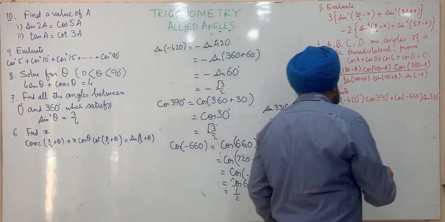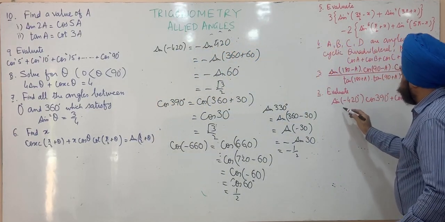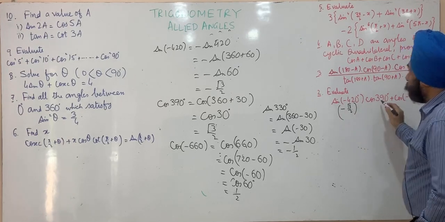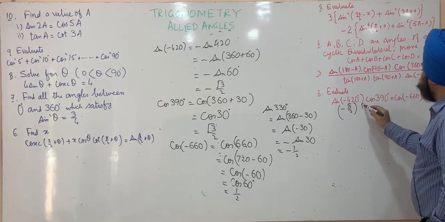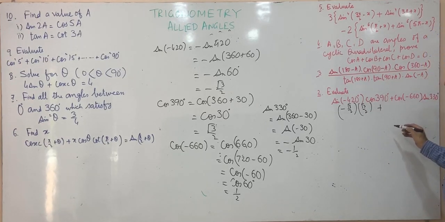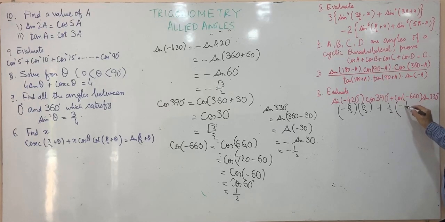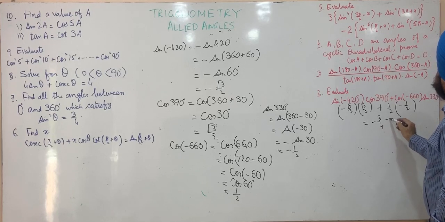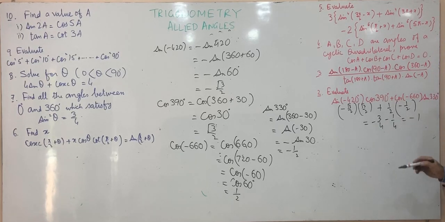Substituting these values here, this value is minus root 3 by 2. Cos of 390 is root 3 by 2, then cos of minus 660 is 1 by 2, and this is minus 1 by 2. So that's minus 3 by 4 minus 1 by 4, minus 1 is the answer.